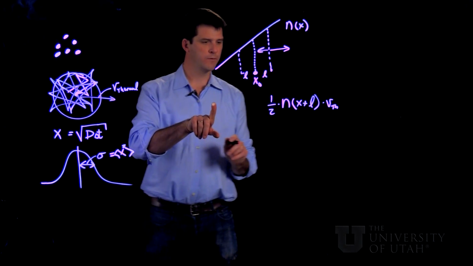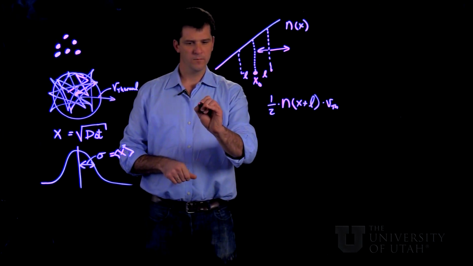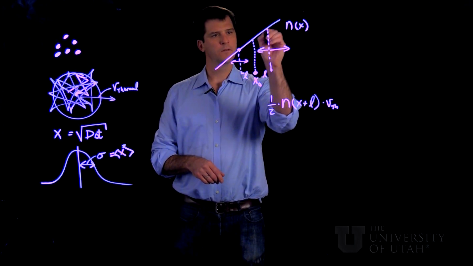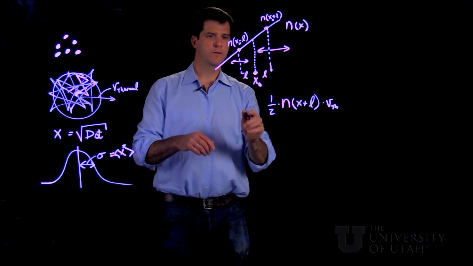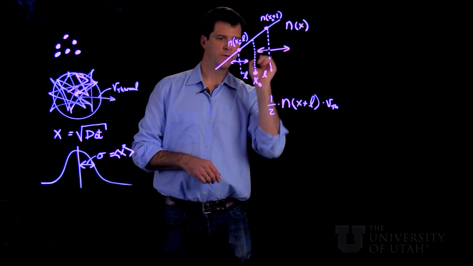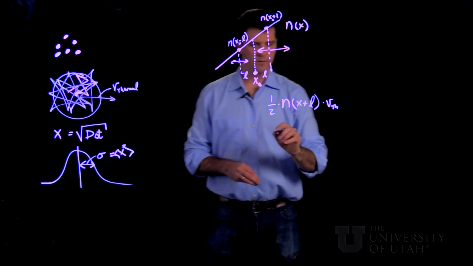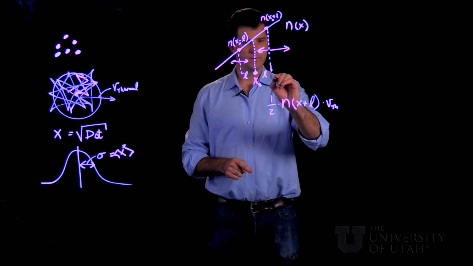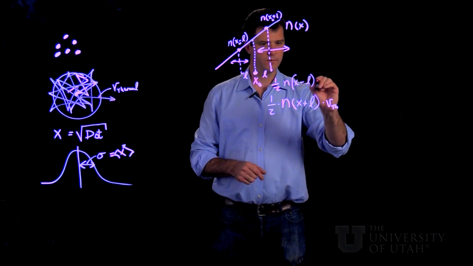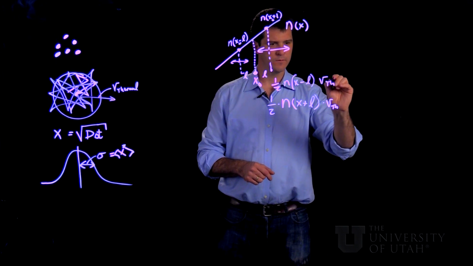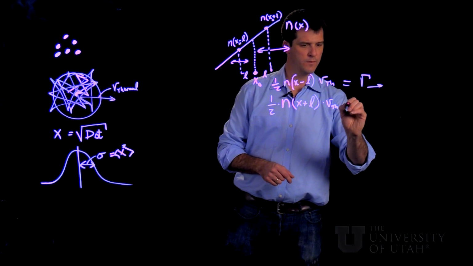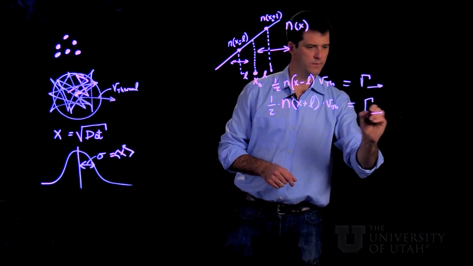Now, the same could be said for the other side. We'll have half of the electrons moving one way, half the other. And again, the part that will end up at this point, x naught, is this one. So we'll have 1/2 n of x minus L times V thermal, equal to the flux going this way and the flux going that way.